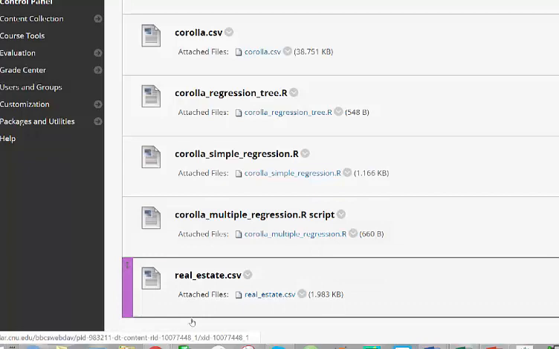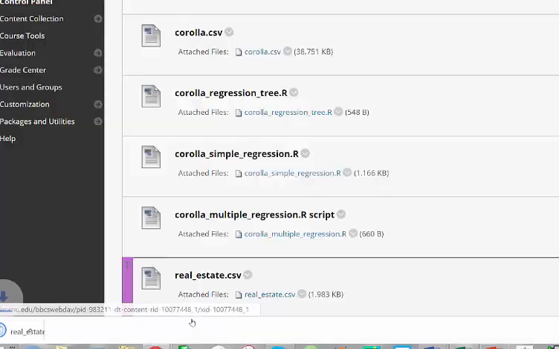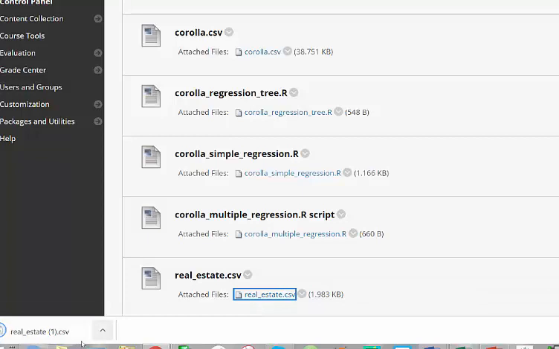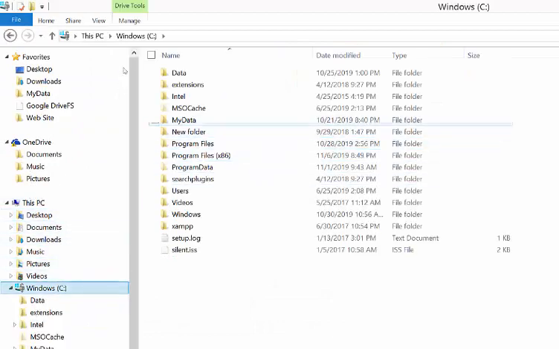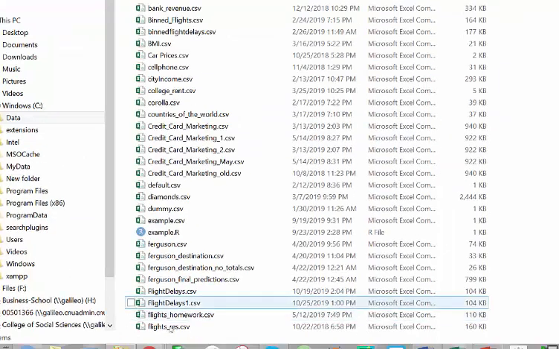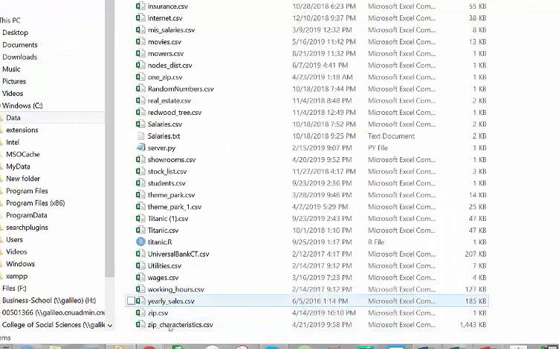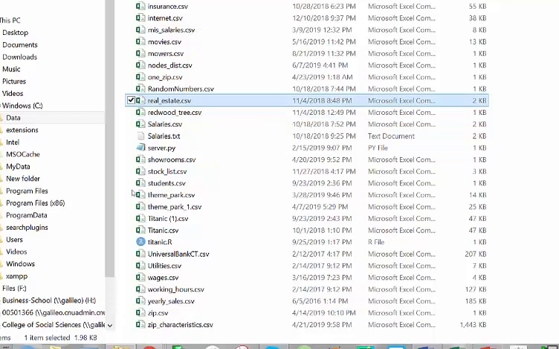So let's download this file, and as we always do, move that file to the folder C data, drive C folder data, okay? I believe I have it already there. Let me just check. C data, and the file is called real estate. So I'm not going to move anything. Yeah, real estate. Okay.